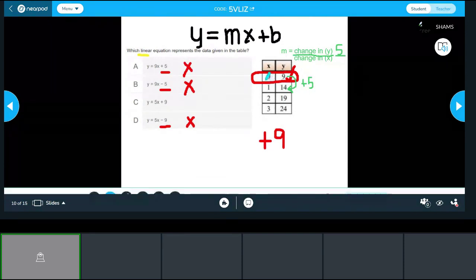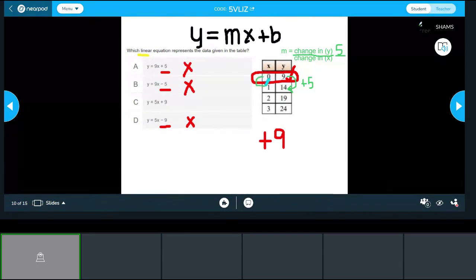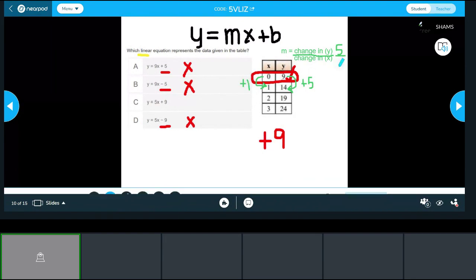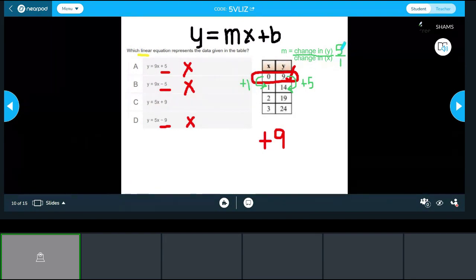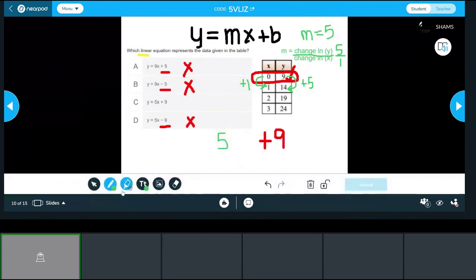How much is change in x? From 0 to 1, change in x is 1, adding 1. So the denominator is 1. 5 over 1 is the same as 5. So I can say m equals 5. And I can put the 5 over here and complete writing the equation.